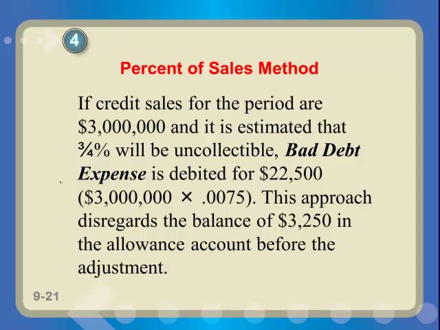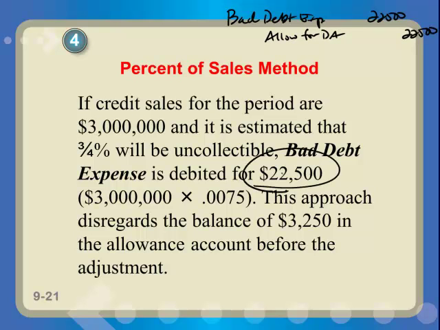It's estimated that 0.75% will be uncollectible. So their entry would be bad debt expense for $22,500 and allowance for doubtful accounts $22,500. That's how they got that $22,500, by percentage of sales.